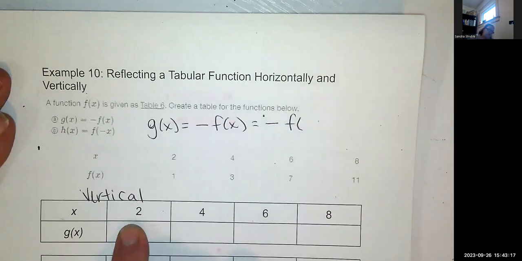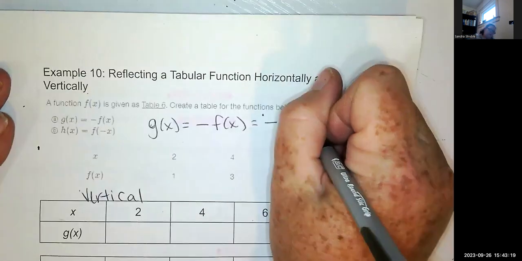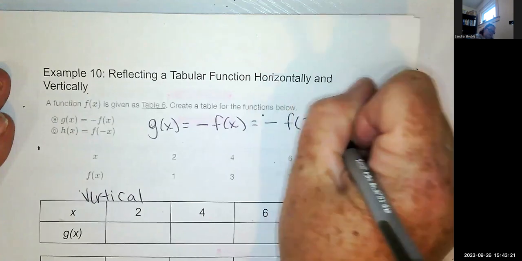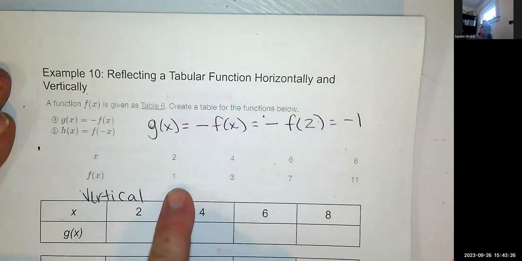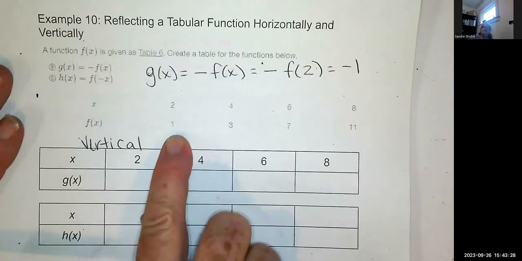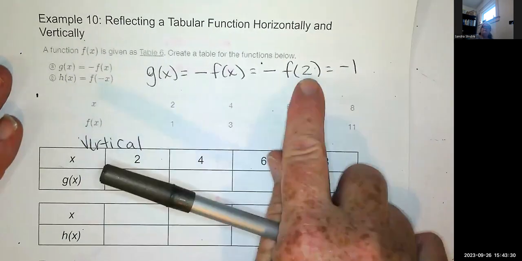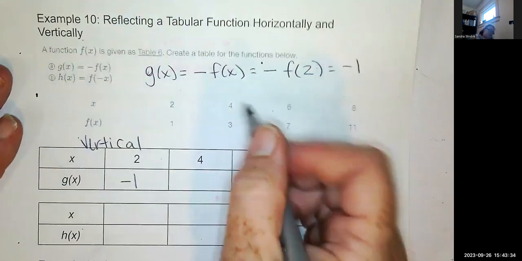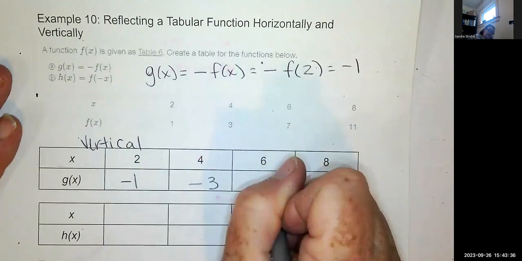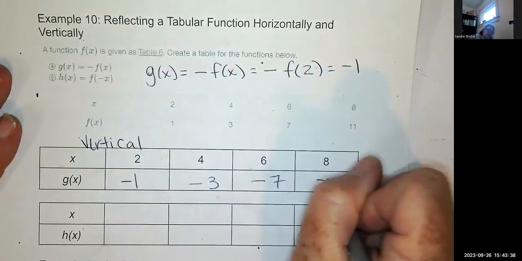So negative f of 2 would be what? -1. All right, because f of 2 is currently 1. So negative f of 2 would be -1. So each one of these is just going to be the negative on the y values.